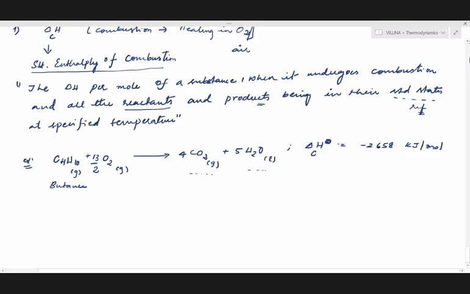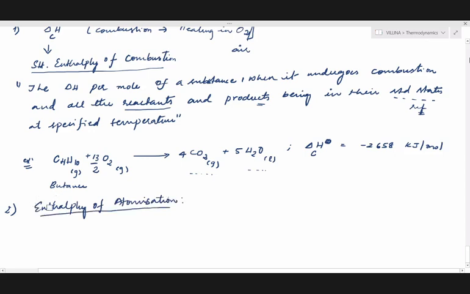Next, the important one, enthalpy of atomization. I think we have covered this during the lattice enthalpy discussion, during chemical bonding. But anyway, from the name itself, we can say enthalpy of atomization. So what is atomization?